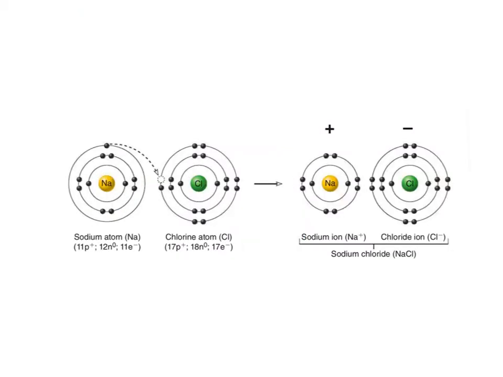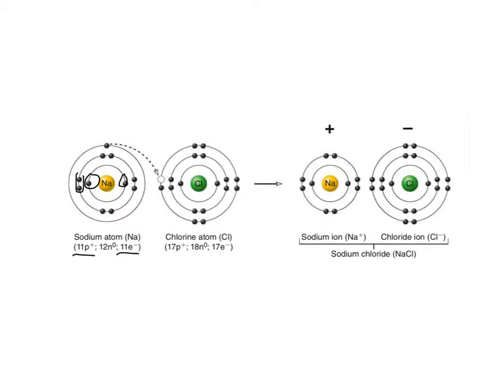Here we see a clear example of a reaction occurring in which the electrons are being donated and accepted by the different elements. For example, sodium here. Sodium has 11 protons, 11 electrons. The way it distributes its electrons, it will have 2 electrons in the first energy level.